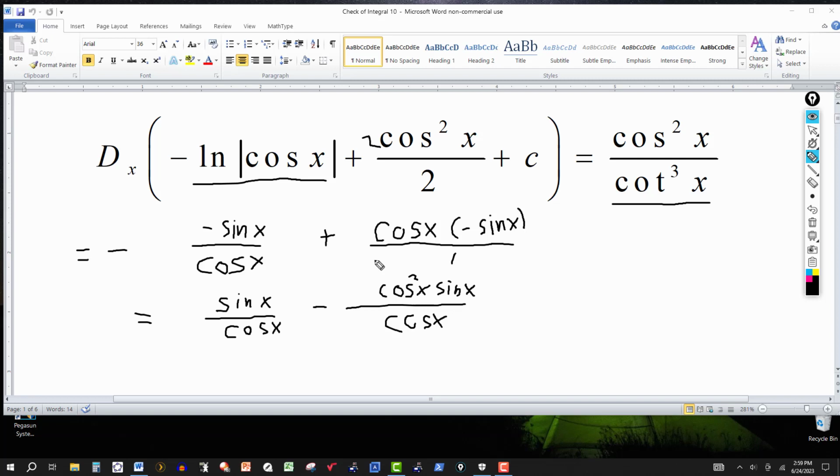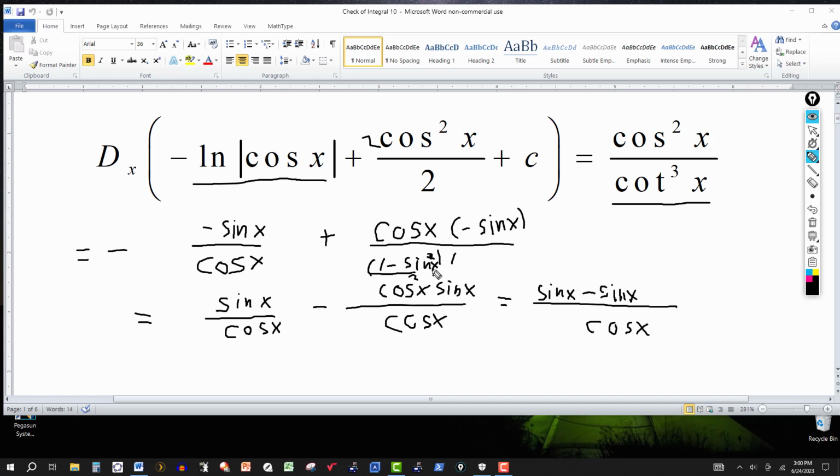And then I'm going to rewrite cosine squared as 1 minus sine squared of x. So this will equal, at the same denominator now, cosine of x, and then we have sine of x here, and now we're multiplying this expression right here by sine of x. So it'll be sine of x there, and then a minus sine of x, and then sine times minus sine squared.